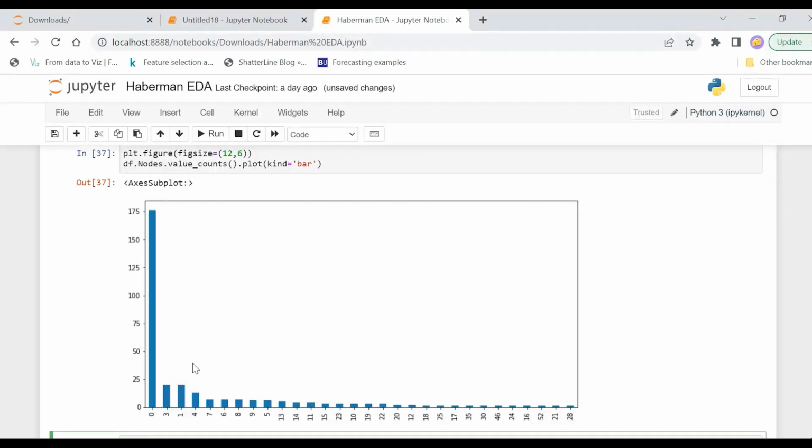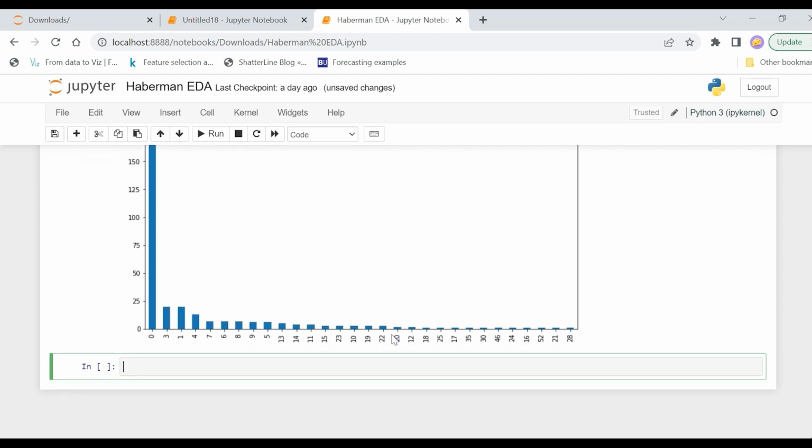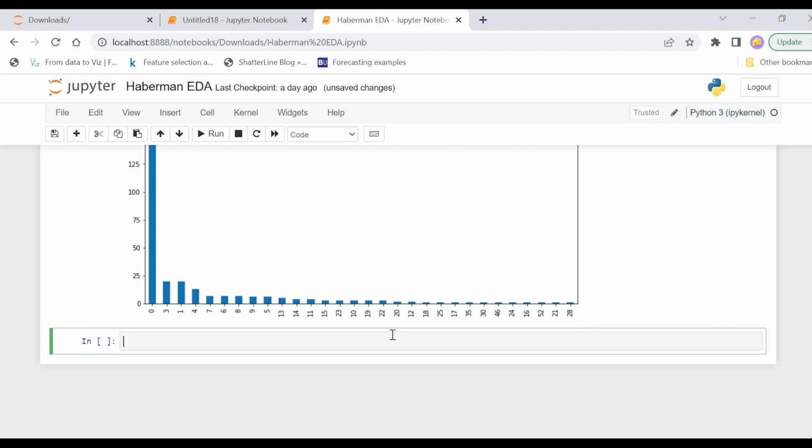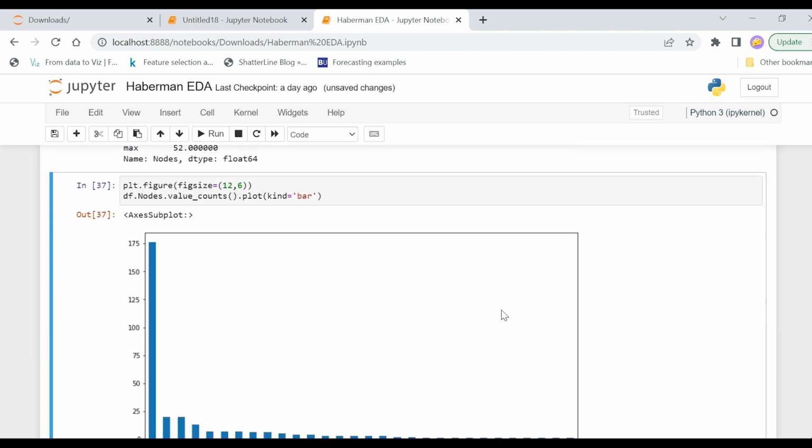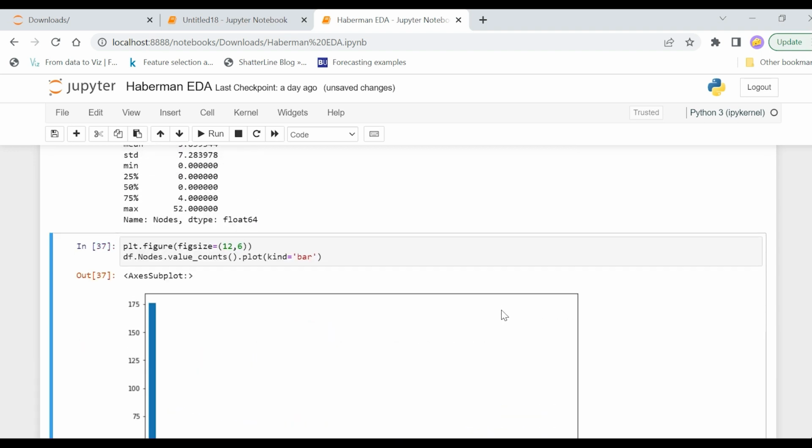Only up till this, I think, the figure is important. After that, these values are very, very less here. Okay, so this is the distribution, and as I have said earlier, 75% of the nodes were restricted to 4. So the data is obviously right skewed data, at any cost.